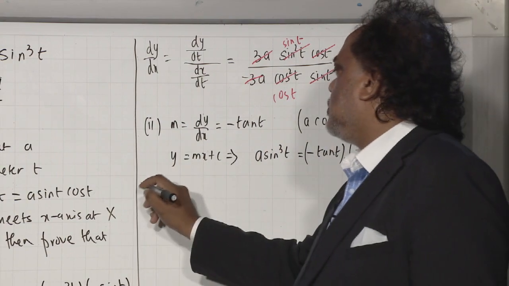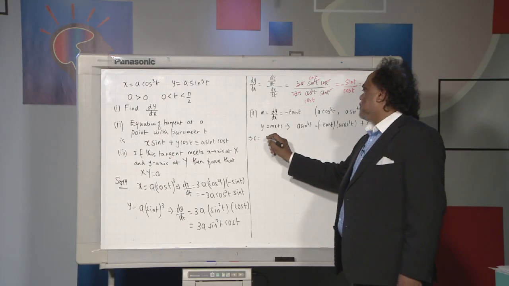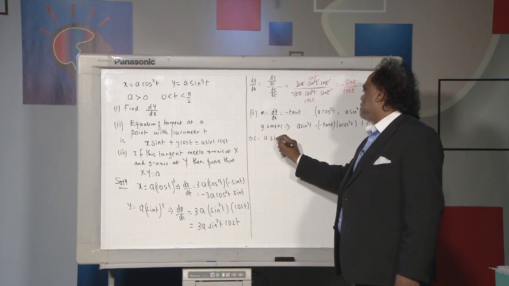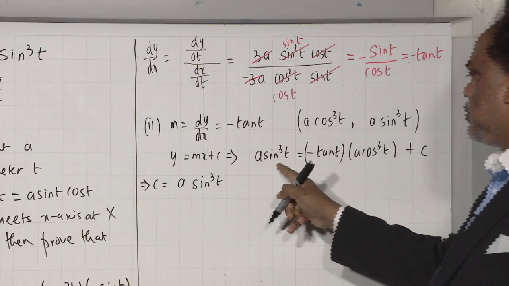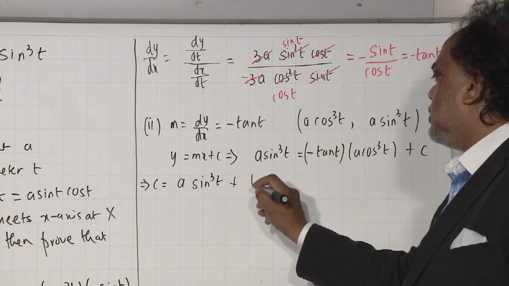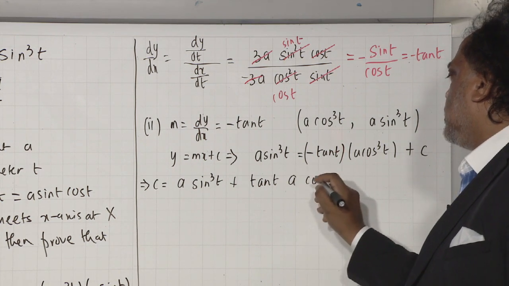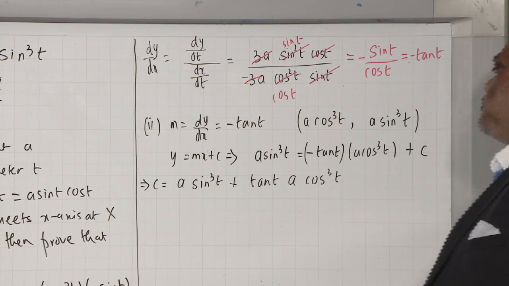So c will be equal to a sine cube t, which was here. This goes on the other side, becomes plus tan t, a cos cube t.